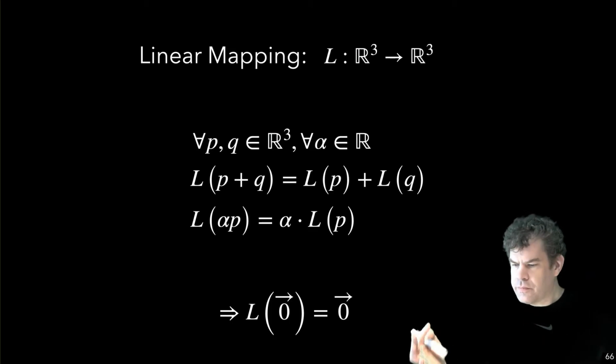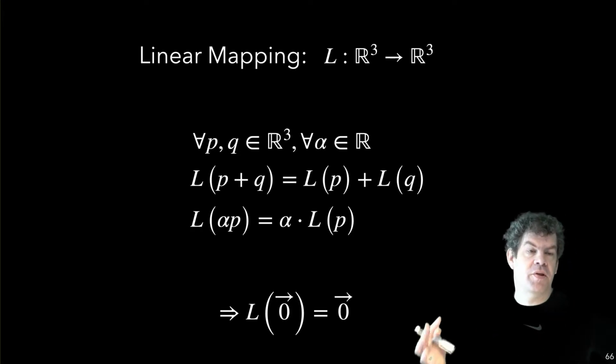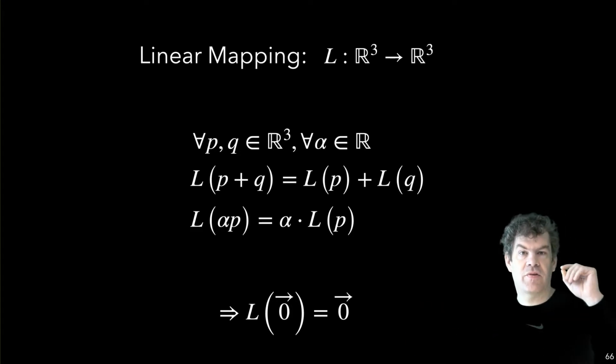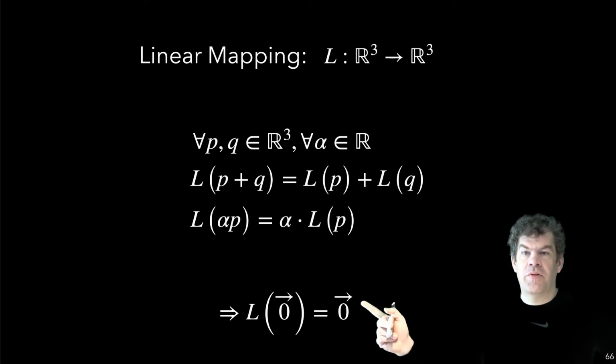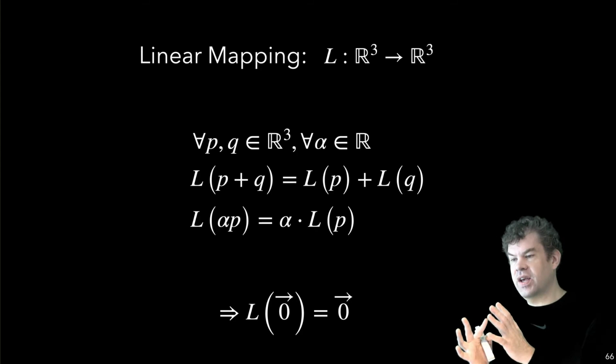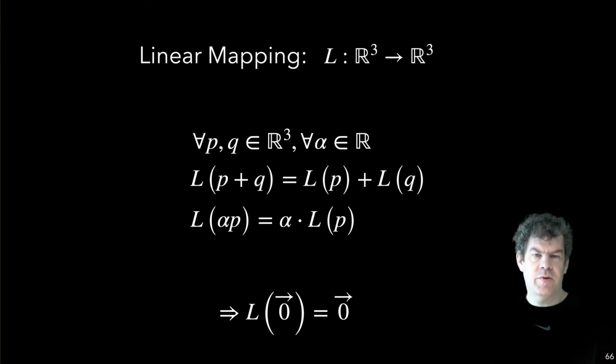In our general R3 vector space, it would be the origin of the coordinate system, so the vector that has coordinates 0, 0, 0. I just put this arrow on top to indicate that this thing is not the number 0, but the zero element in the vector space, which is really the origin for all intents and purposes. A consequence of those rules is that the origin under a linear mapping cannot change.